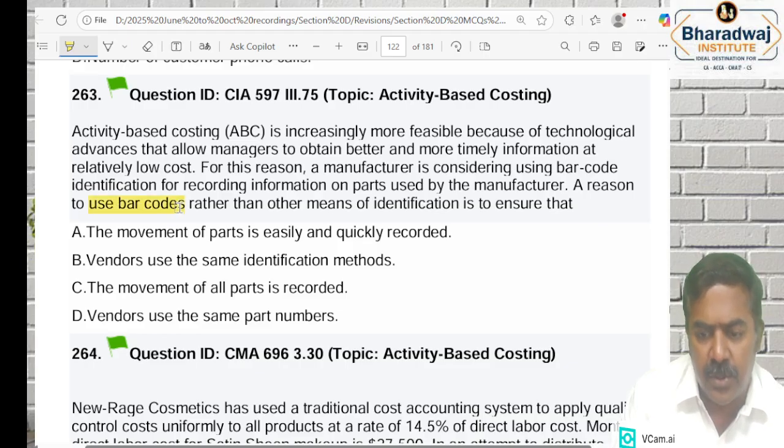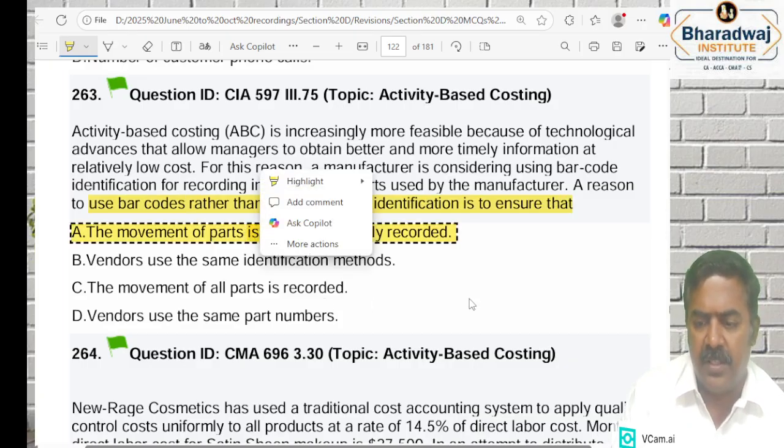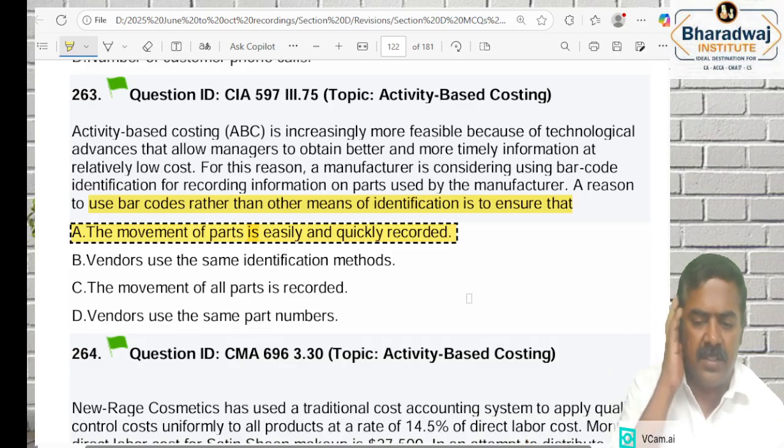Usage of barcodes rather than other means of identification is to ensure that parts can be easily identified, quickly recorded. Part can be easily identified and what?